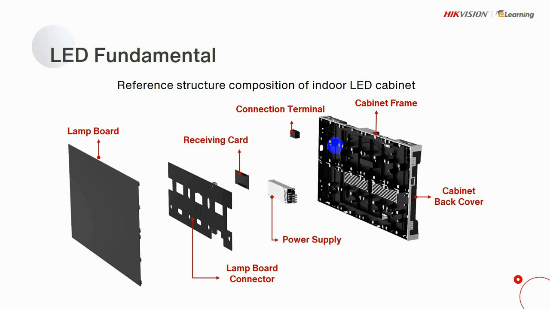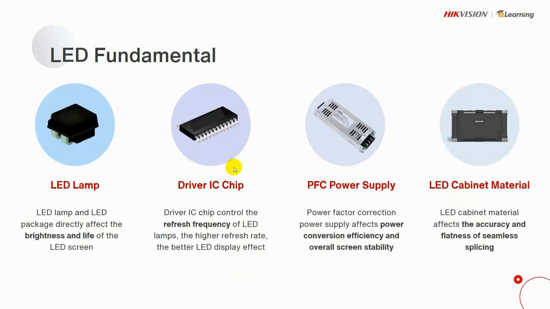Multiple lamp boards can be passed to a cabinet at the same time with magnet behind it. Okay? Like shown in the figure, there are also connector, receiving card, power supply, and a connection terminal inside the cabinet. The receiving card receives the signal transmitted from LED controller.